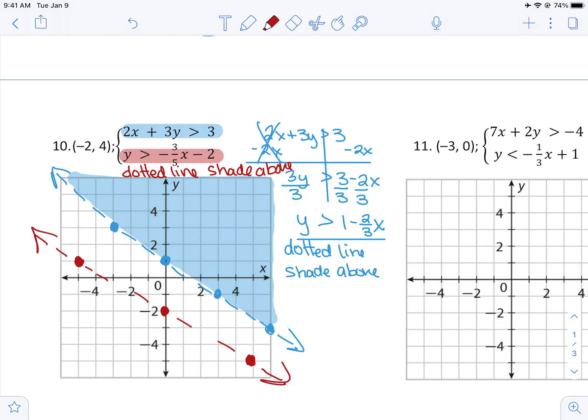And we're going to shade above. It's all of this area. So for the solution, as far as the point goes, it has to be in the common shaded area. So that's going to be the purplish one that has the blue and the pink.